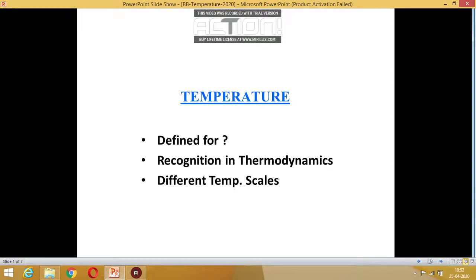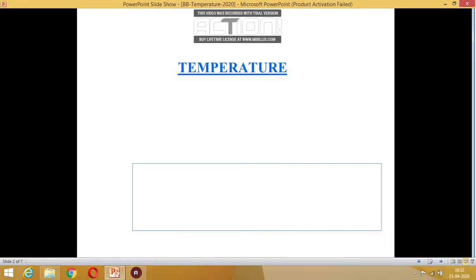So as we said, temperature is a property that is very important for the analysis of any physical system. So we need to realize that temperature is not defined for atoms and molecules, because when you studied the quantum mechanical treatment of the hydrogen atom, you never talked about the temperature of that atom, or of any individual isolated molecule for that matter.